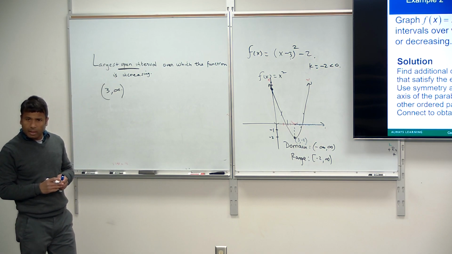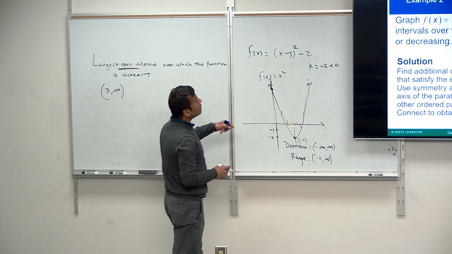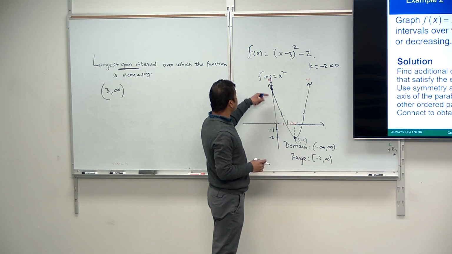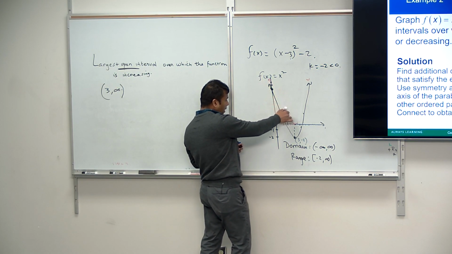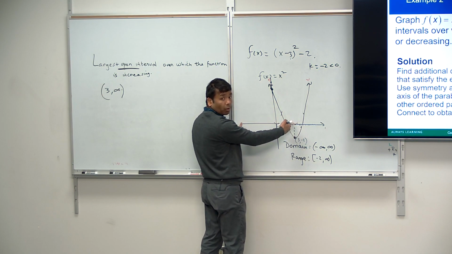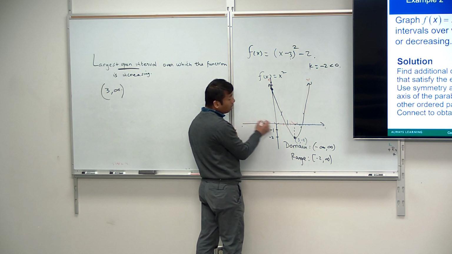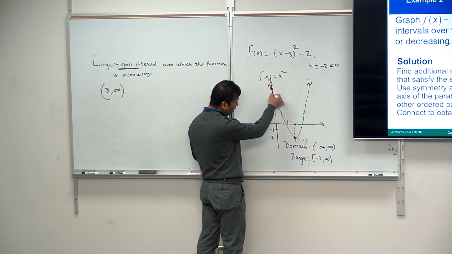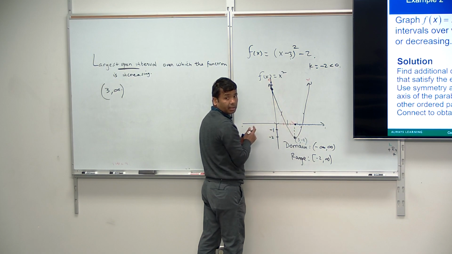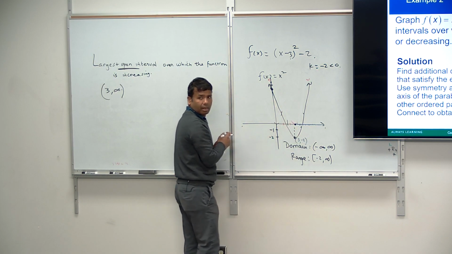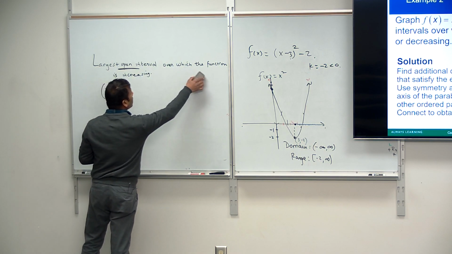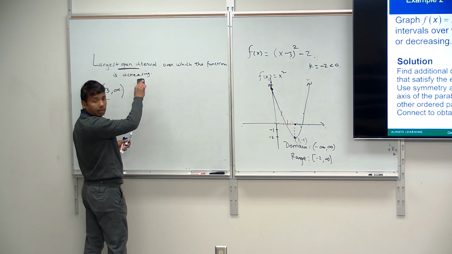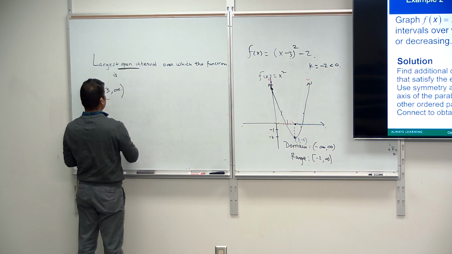Are you with me? And the largest open interval over which the function is decreasing. Did you see the decreasing here? So the open interval on the domain. You know what I mean? So from negative infinity all the way up to 3, your function is decreasing. That makes sense?